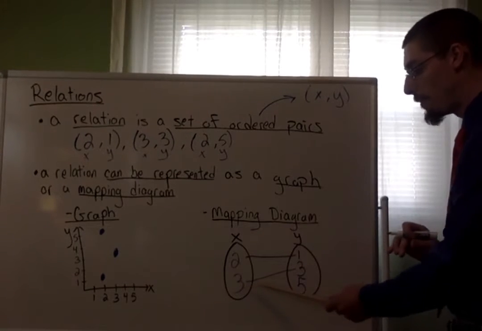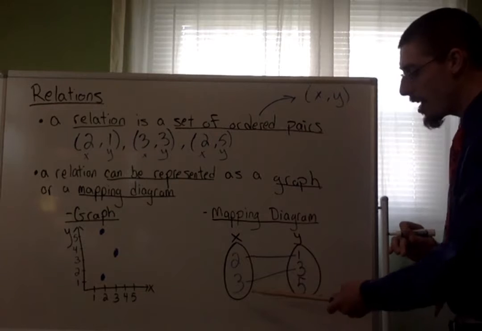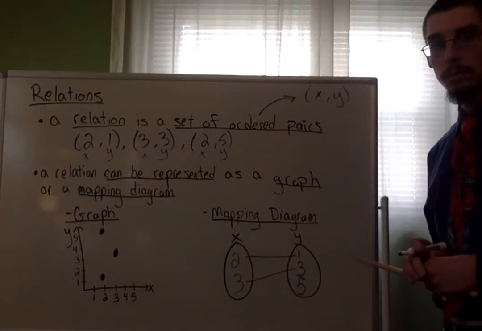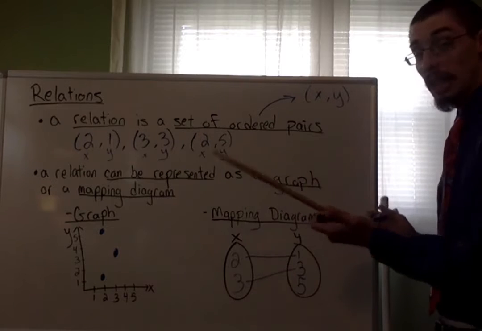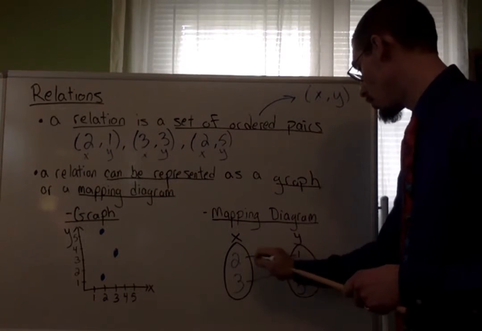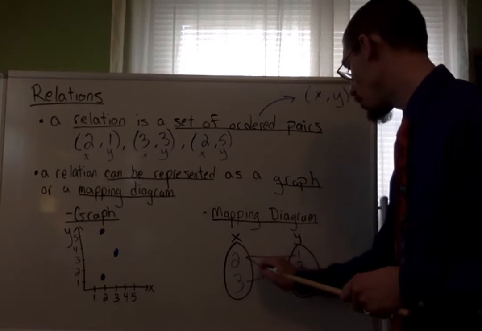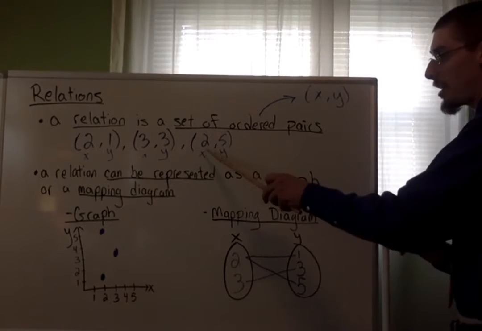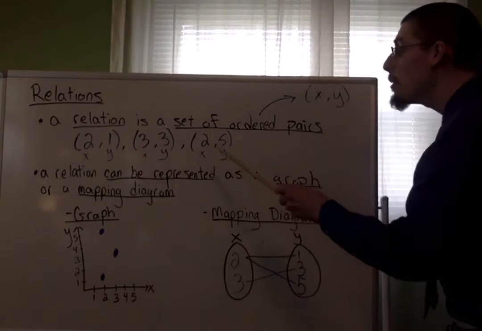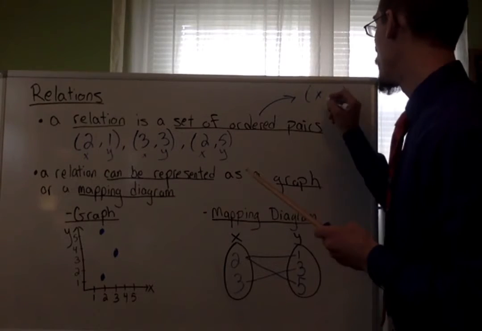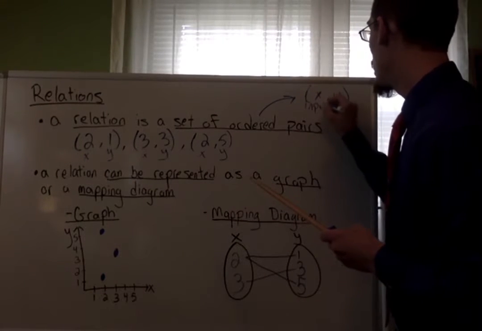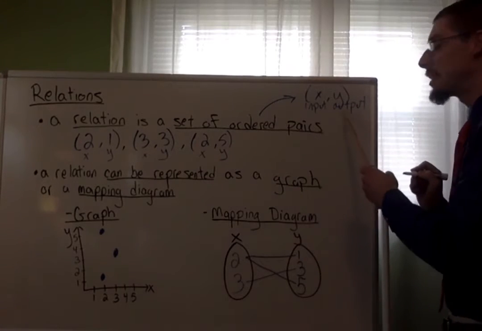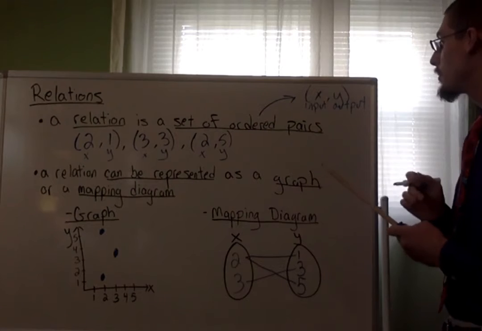So again, visually representing the fact that 3 is related to 3, just like you see here. And then the last one, 2 related to 5. So 2, I will draw a line going to 5. Again, 2 as an input value, right? Remember, input, output, right? Input is x, output is y.